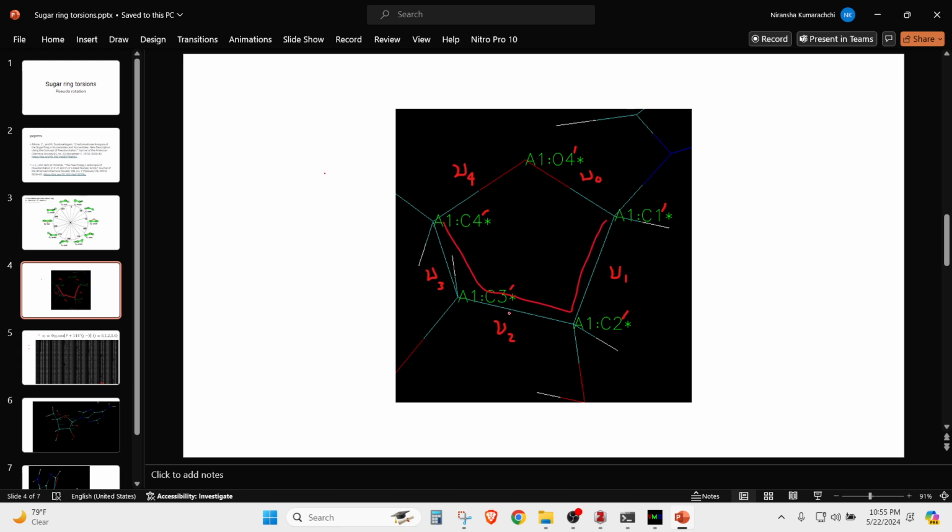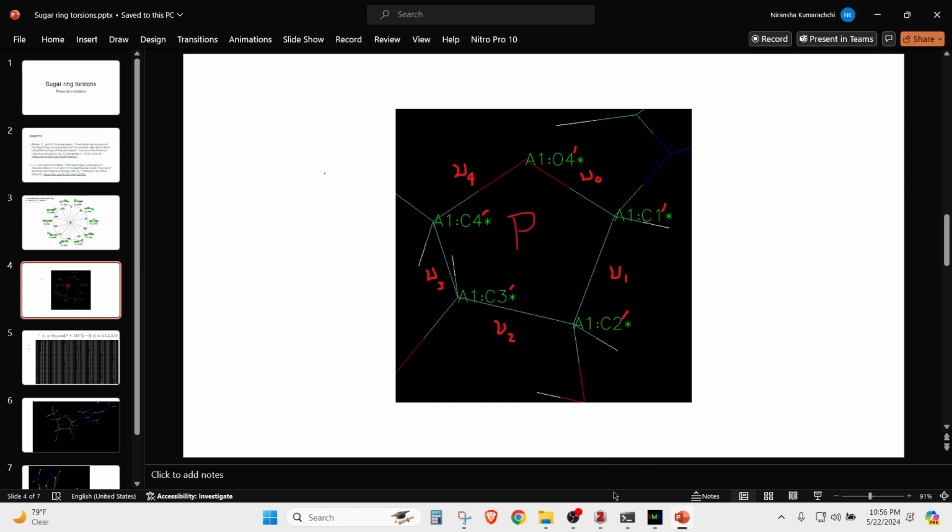It will be mu2, and the next one is C2 prime, C3 prime, C4 prime, O4 prime, mu3, and the last one is C3 prime, C4 prime, O4 prime, C1 prime, right? So based on these five torsions of the pentose ring, you can define a pseudo-rotation P.